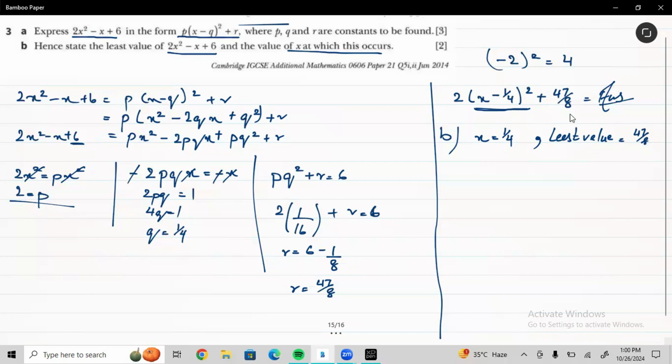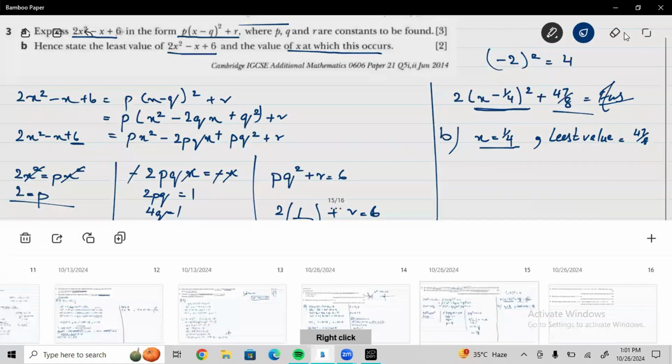So 47/8 is our least value, and this least value occurs when we input the value of x to be 1/4. So that's basically it. It's a little bit conceptual, but you'll get the hang of it when you solve more questions.